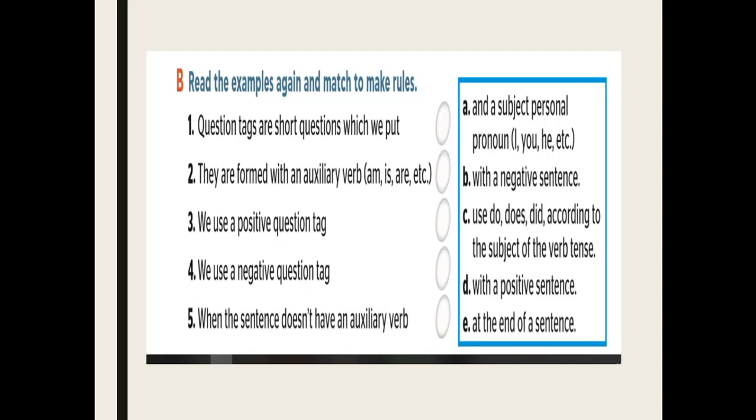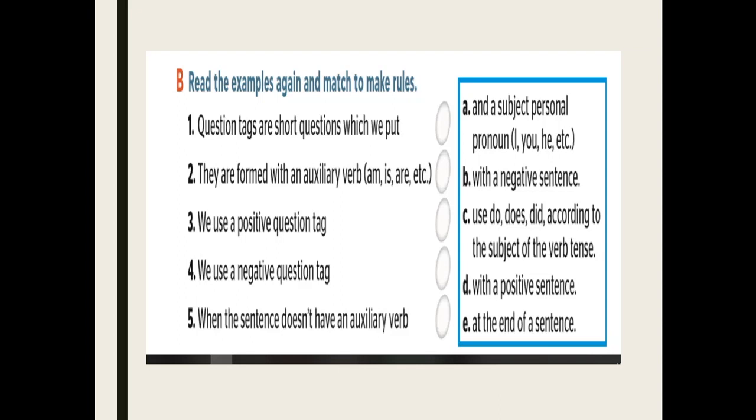Now, open your student's book page 103. Exercise B. Read the examples again and match to make rules.